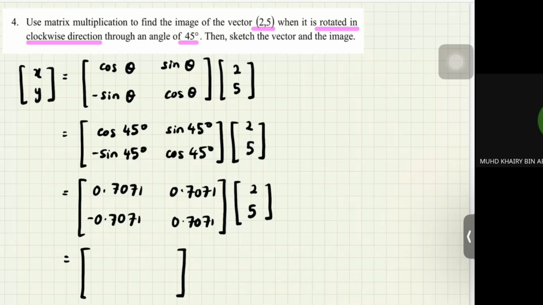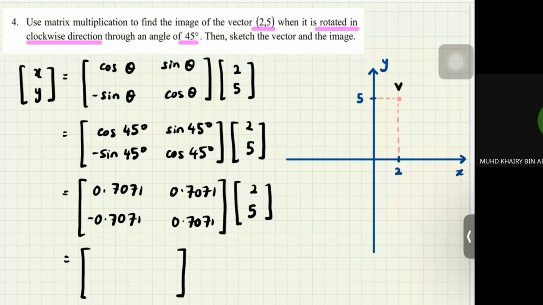Show me the answer and then sketch the vector and the image. So what is the answer? What is the image of the vector 2, 5 when it is rotated in clockwise direction through an angle of 45 degrees?